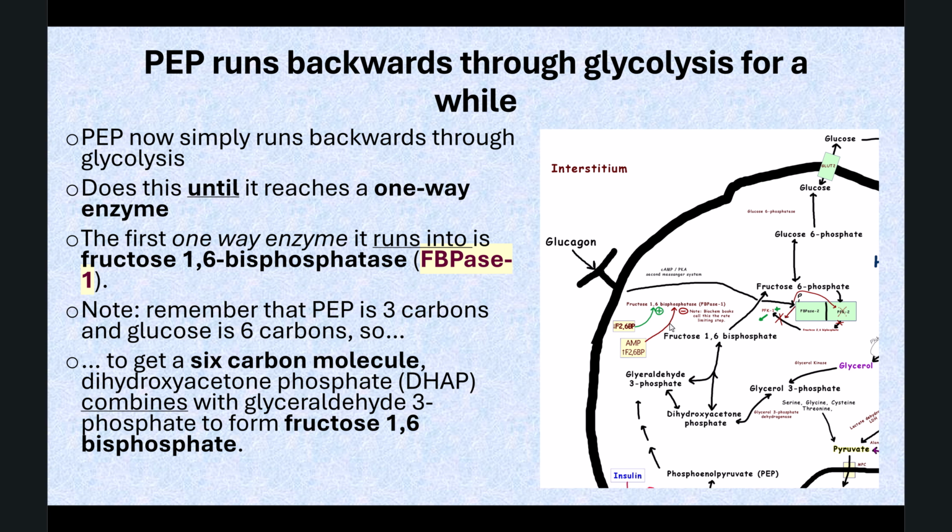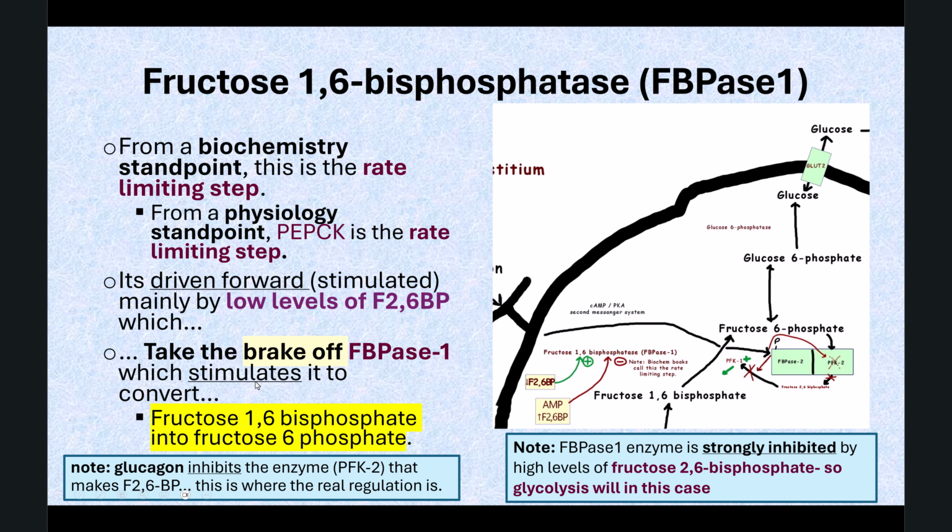According to biochemistry books like Lehninger, blank is the rate limiting step of gluconeogenesis. And for that one, it would be FBPase1. Okay, great. We talked about that already. Just kind of got ahead of my slides, but from a biochemistry standpoint, this is the rate limiting step. From a physiological standpoint, PEPCK is the rate limiting step.